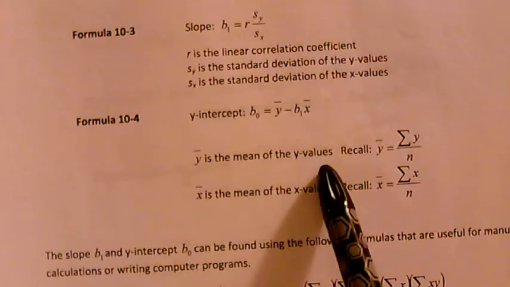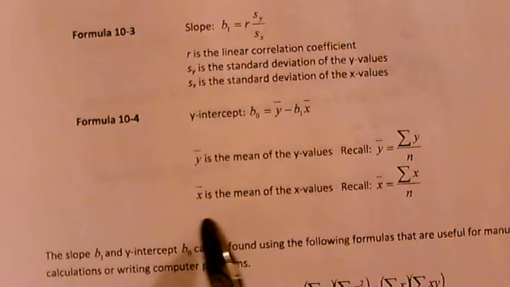The y bar is your mean of your y values, and your x bar is the mean of your x values. If you recall, when you take the mean of a set of data, you take the sum of all your data values and divide by how many data values you have.